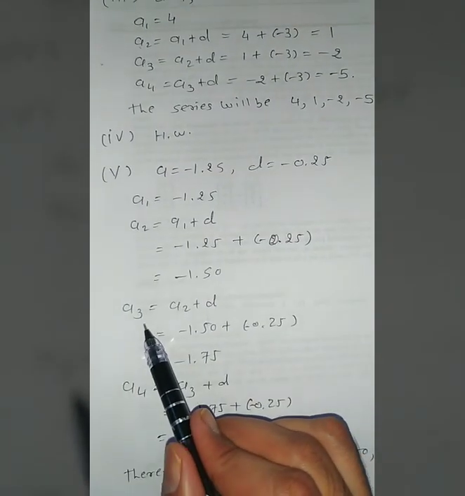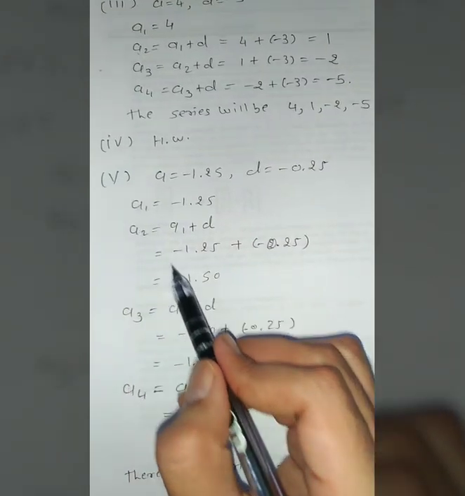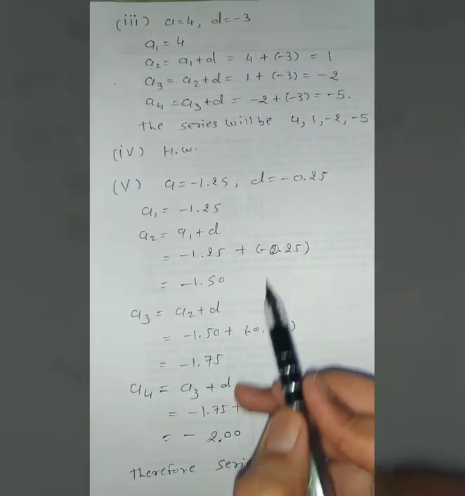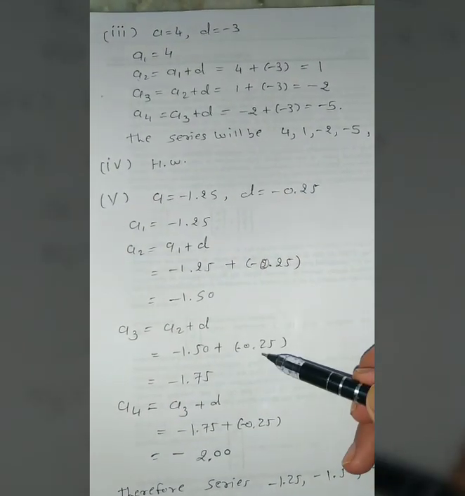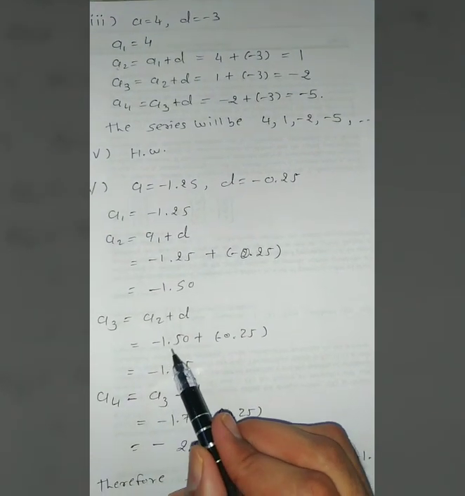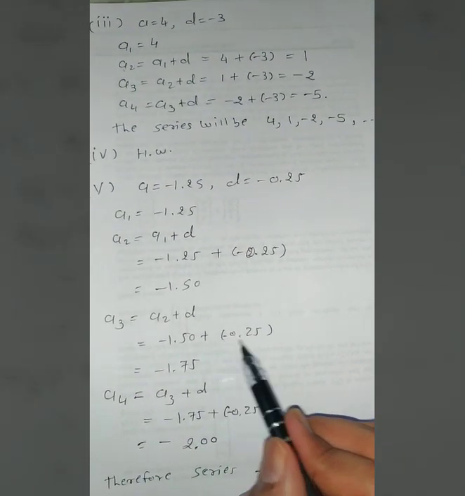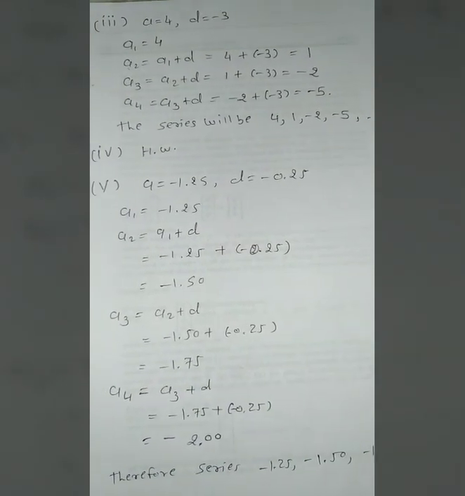Okay. So next a3 is equal to a2 plus d. a2 is equal to minus 1.50 and d is common for each and every example, so d is equal to minus 0.25. So minus 1.50 plus minus 0.25 gives minus 1.75.